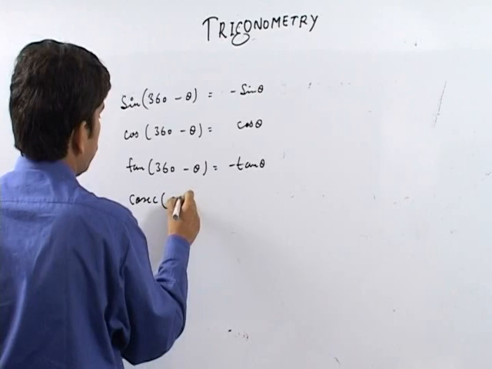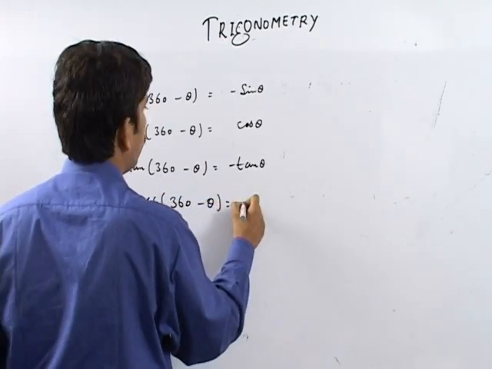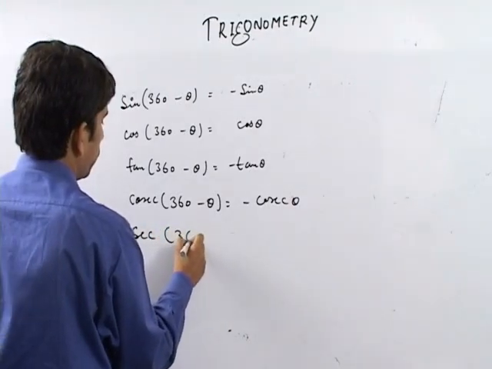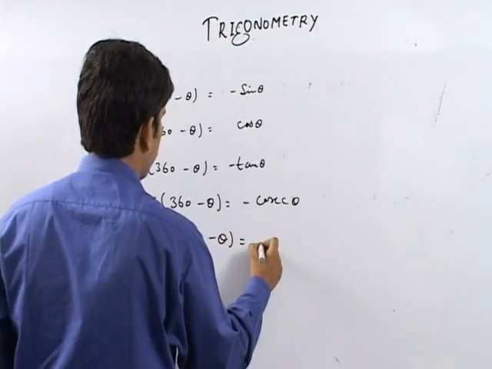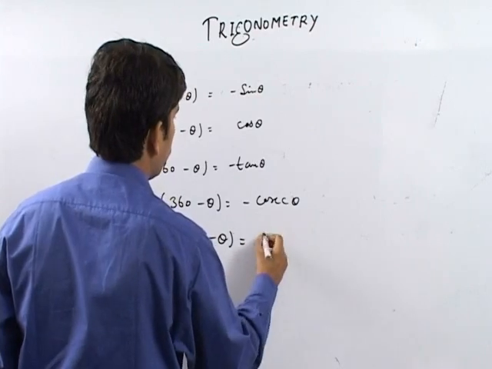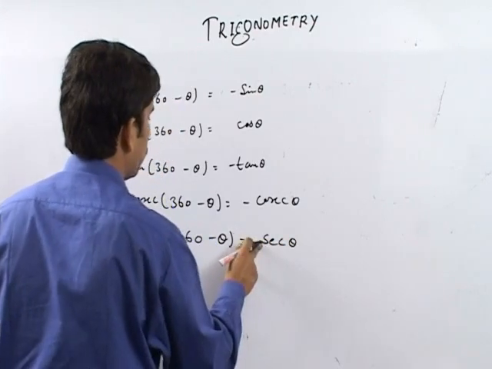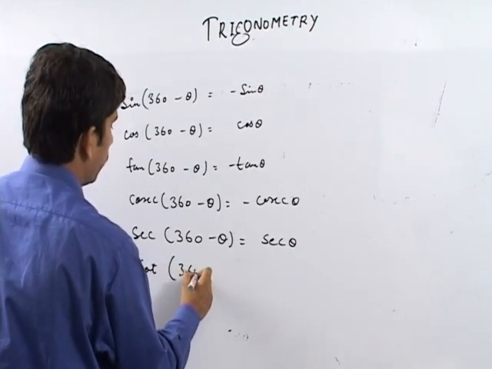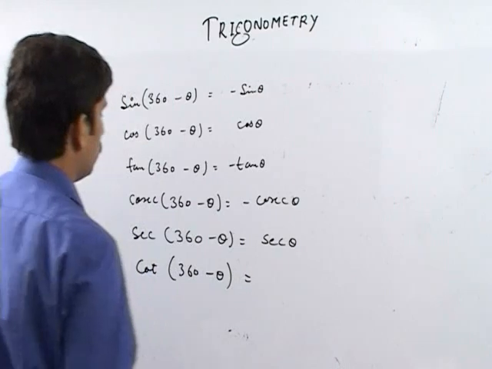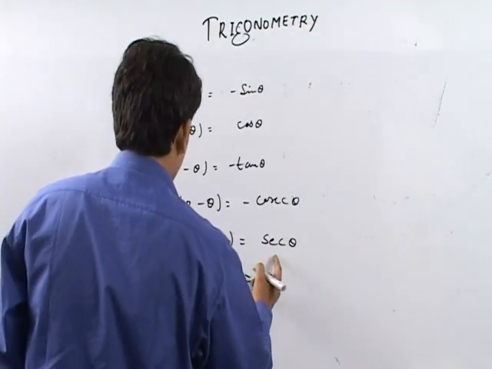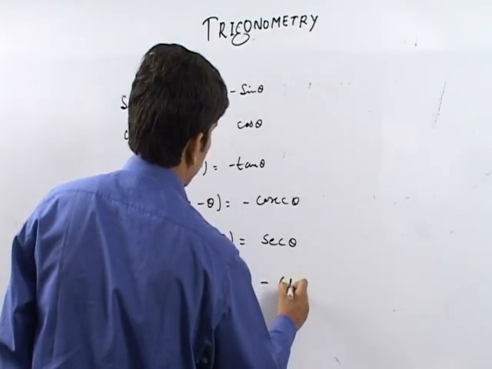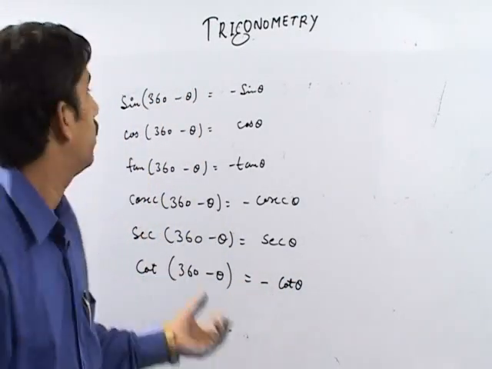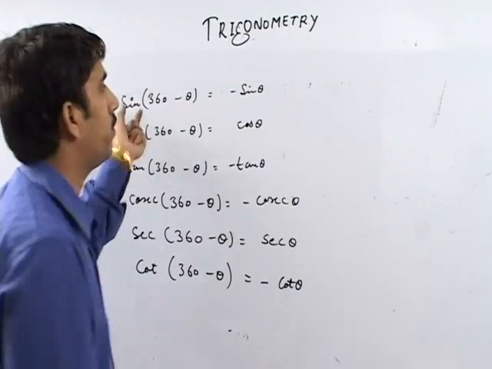Cosecant of 360 minus theta is equal to minus cosecant theta, and secant of 360 minus theta is equal to plus secant theta. Then cot of 360 minus theta is equal to minus cot theta.